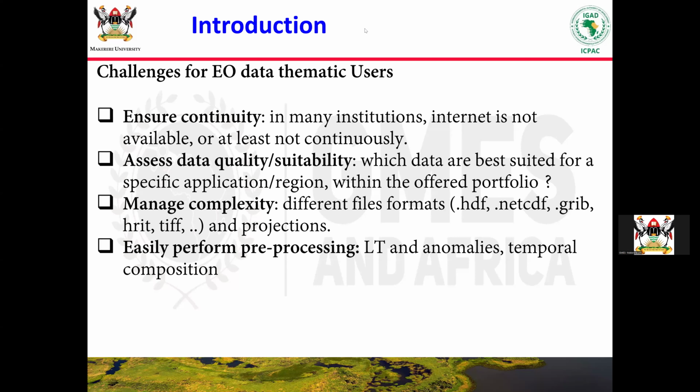You have certain data sets that were operational from the 1980s, and then in 2000, they were no more. There was another program that came in that continued from 2000 up to maybe 2016. Then from 2016, you have another satellite or data that is available from 2016 up to 2024 or currently. So you'll find that this harmony of the continuity of the data is also there.